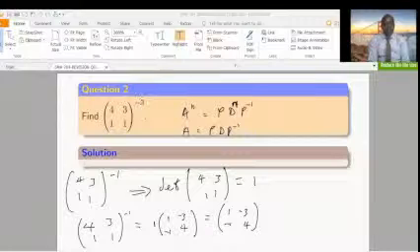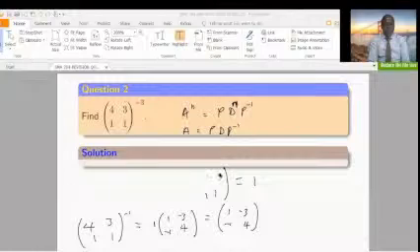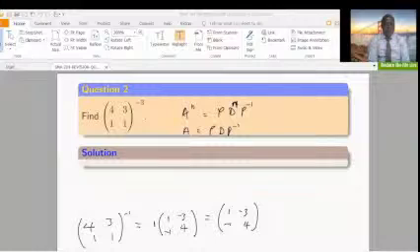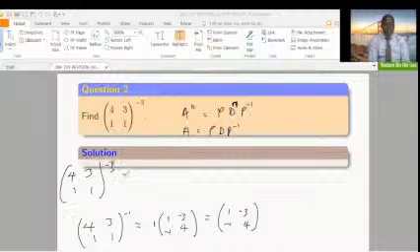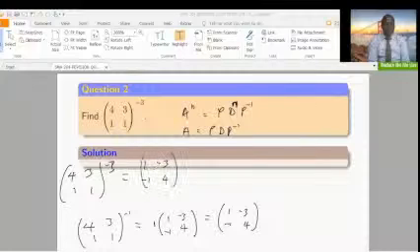So let's now do this. I want us to erase this so that we can write here. So we want 4, 3, 1, 1 raised to -3, and it will be the same as 1, -3, -1, 4 raised to 3, because we've already found the inverse.